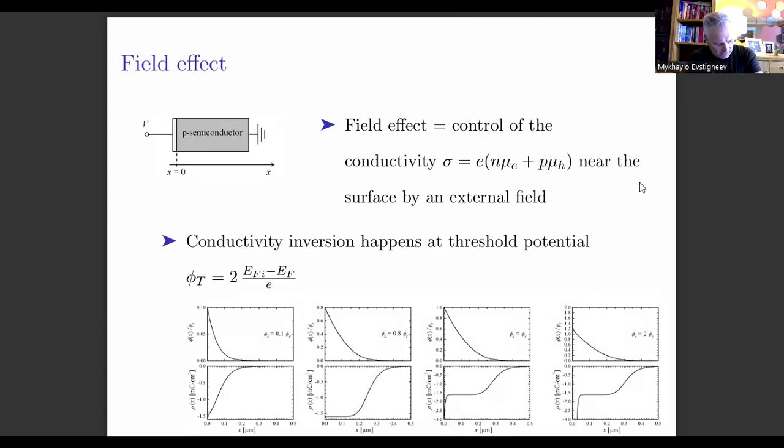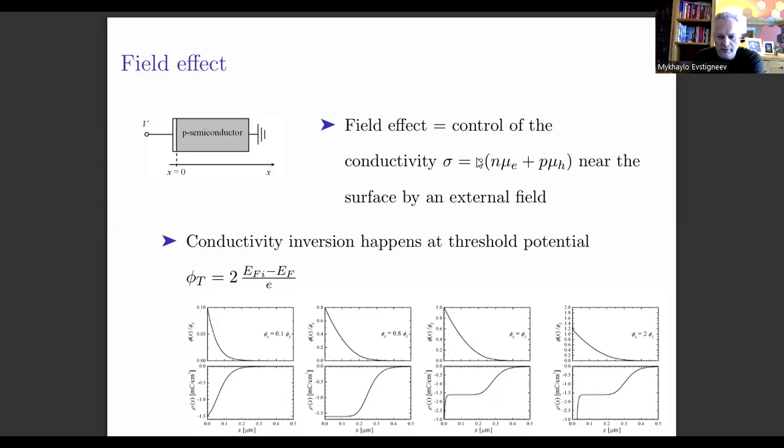So, the reminder of what field effect is. We have already discussed field effect, I do not know how many lectures ago that was, when we were talking about the Poisson-Boltzmann equation and its solution. The field effect refers to the possibility of controlling the concentration of charge carriers of both types by varying the value of the potential on the surface of the semiconductor, and by controlling the concentration of both types of charge carriers, you are also affecting the value of the surface conductivity, sigma, which is given by this general formula.